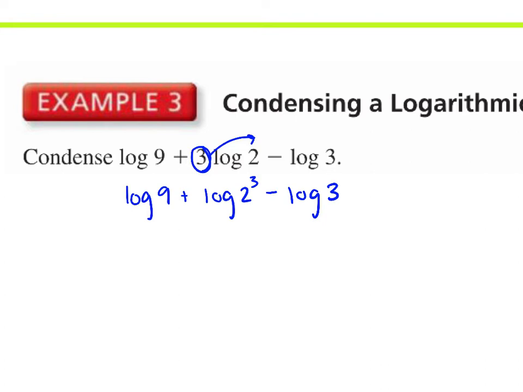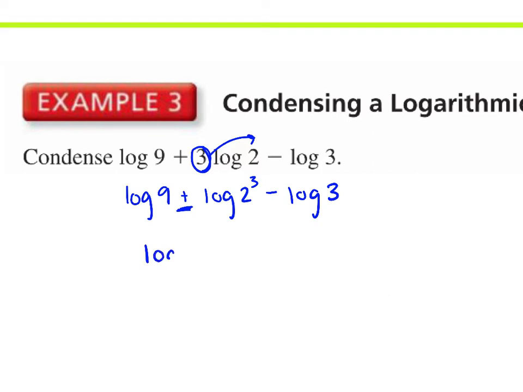What else can we do to condense it? If we're adding them, how can we bring it together just to have one log? Multiply them.